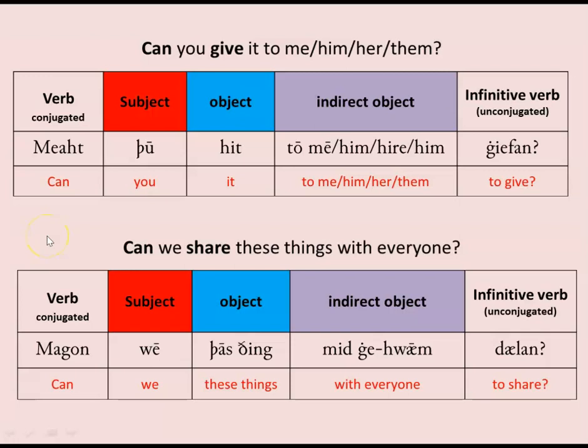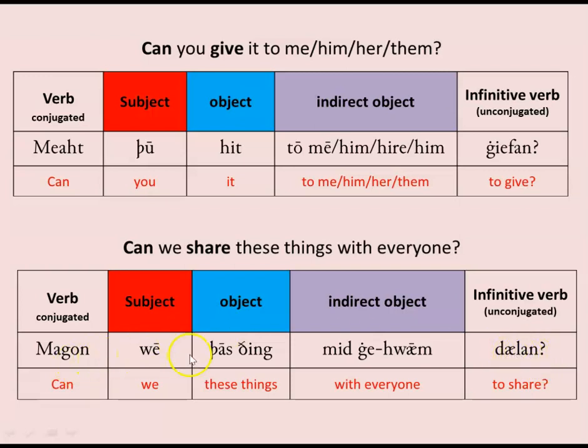Can we share these things with everyone? Again, now what we have here is the plural present tense. Plural, okay? So, machen we thas thing mid gehwam dalen. Dalen. That's short AE, so dalen.